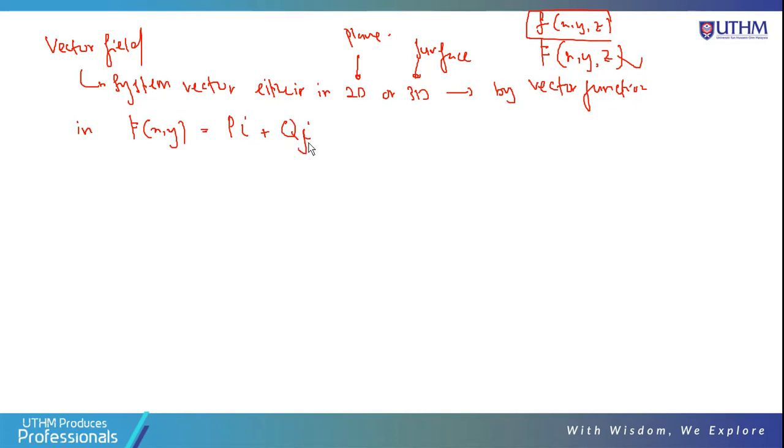In 3D, for the vector system, it is Pi plus Qj plus Rk. So the difference between the scalar field and the vector field is that the scalar field does not have i, j, k, while the vector field has the directions i, j, k. These are P, Q, R.